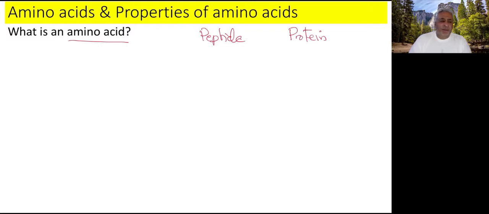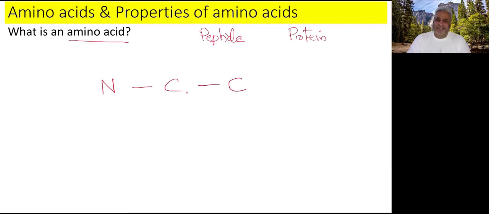Regardless, let's begin by looking at what an amino acid is. An amino acid is a simple small molecule that has dual properties, hence the name amino acid. So one side of the molecule has a nitrogen and the other side has a carbon. So let's put a typical amino acid backbone together. So that's the backbone of an amino acid. All amino acids that we're going to talk about in this course have this backbone of nitrogen bonded covalently to a carbon, the central carbon, this one here, and then that's bonded to the third carbon.